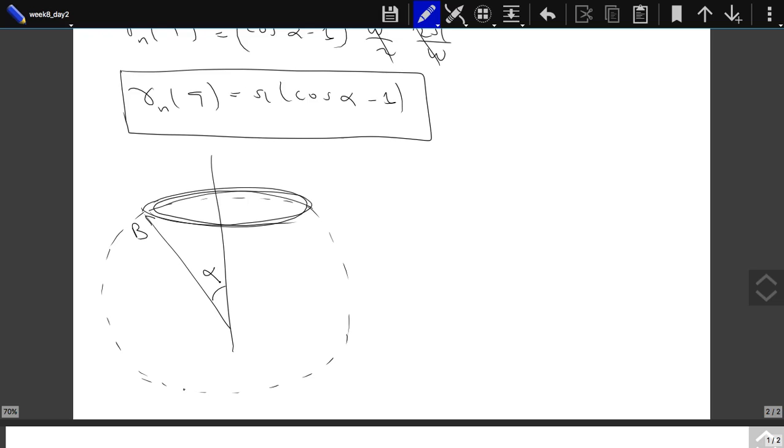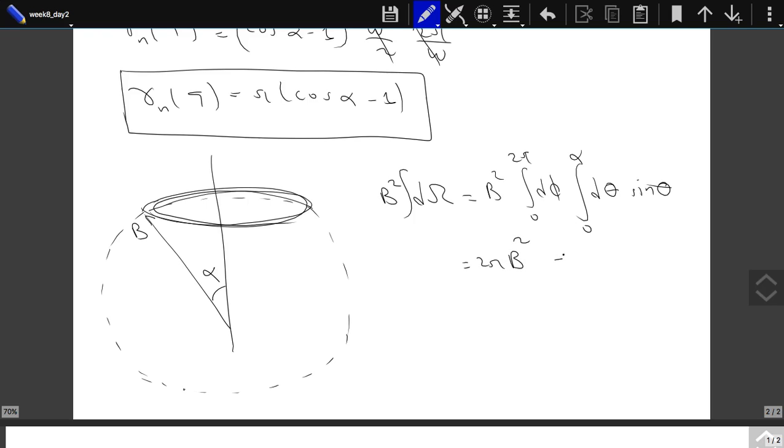Let's evaluate the integral d omega. Of course, the area will be b squared times d omega, or b squared d phi sine theta d theta, where phi goes from 0 to 2 pi and theta goes from 0 to alpha. So this is 2 pi b squared times minus cosine alpha plus 1.